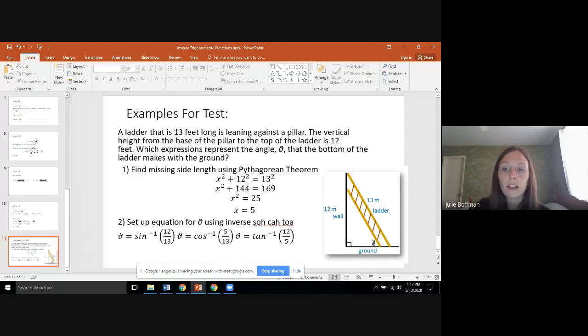Or if we wanted to find theta in terms of cosine, we could do inverse cosine of adjacent over hypotenuse. Well, the adjacent leg is 5 and the hypotenuse is 13. Or you could do inverse tangent of opposite over adjacent, which would be 12 over 5. So if you type all those in the calculator, you should get the same answer. It's just 3 different ways to find that angle.